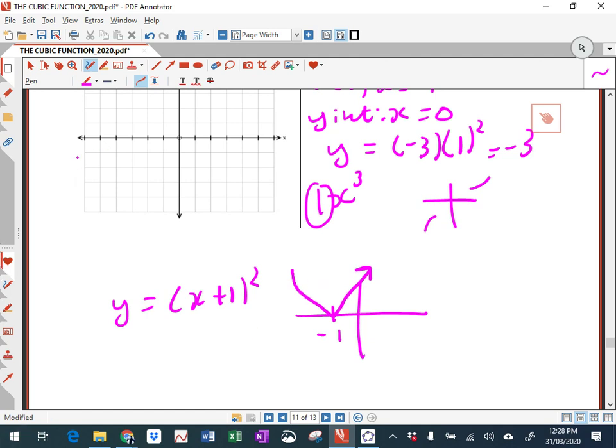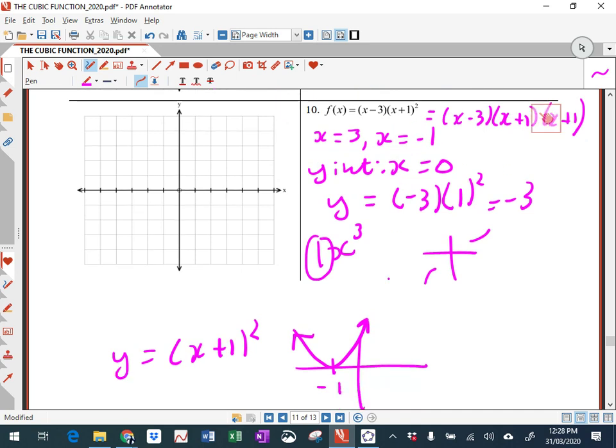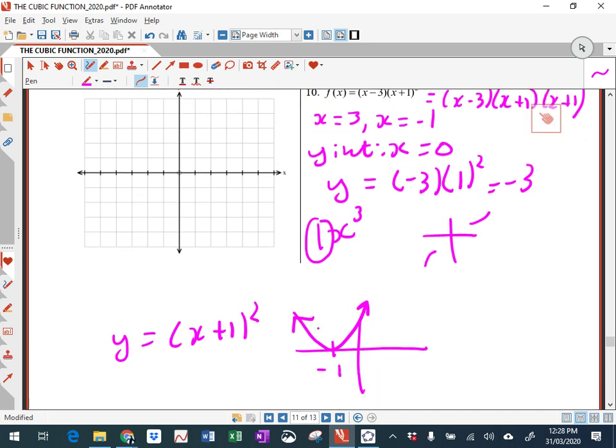Let's try it again. There we go. So that there is your parabola. So over here at the double root, x plus 1 squared, at x equals negative 1, you're going to have this sort of situation. You're going to have like a parabola part of the curve.